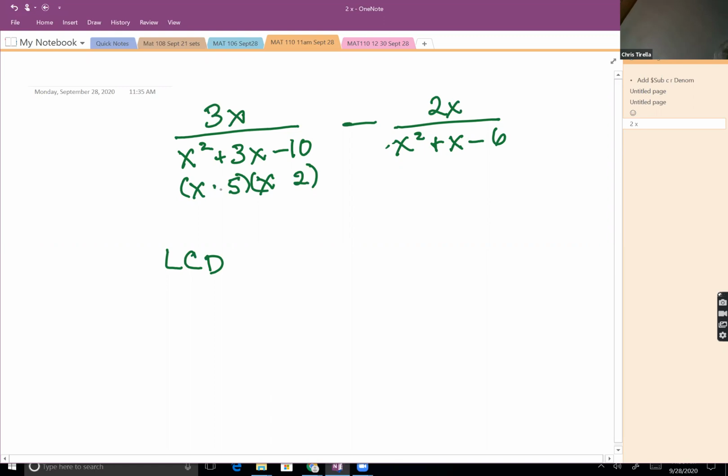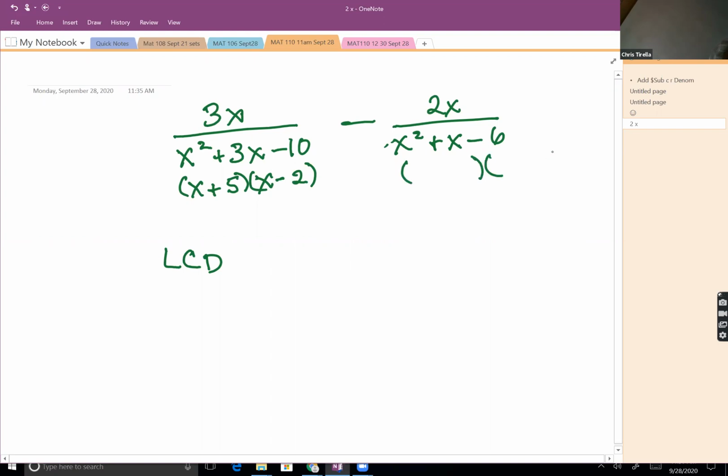And if I have plus 5 minus 2, it'll give me that negative 10 in the back and the positive 3 in the middle. Same way that x squared plus x minus 6 we want to factor. I think with the 6, if we use 3 and 2 and plus 3 minus 2, those look all right.